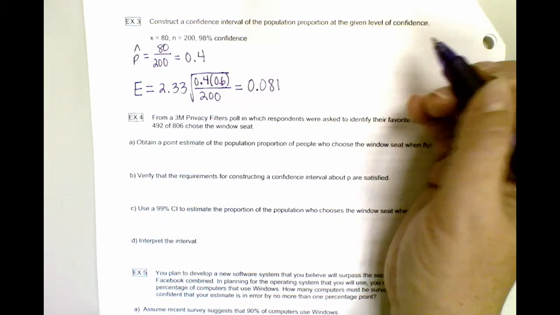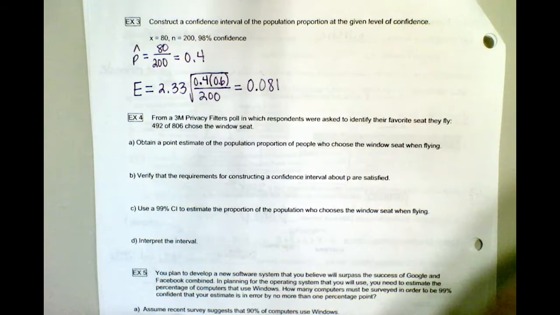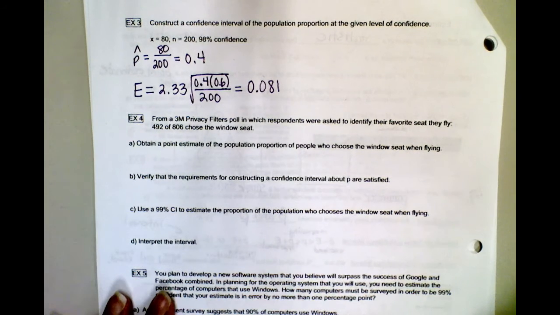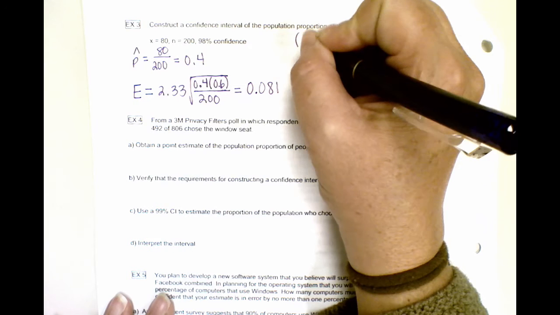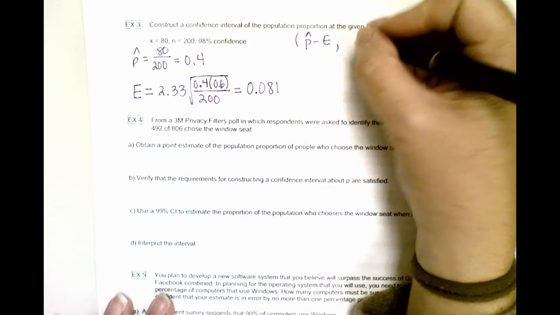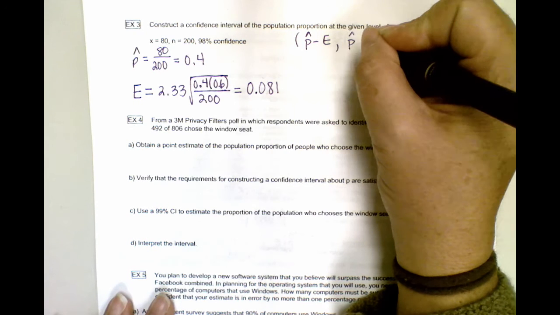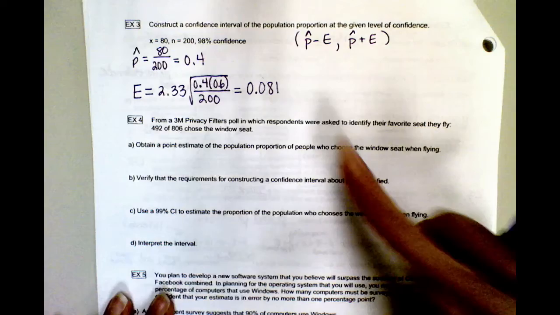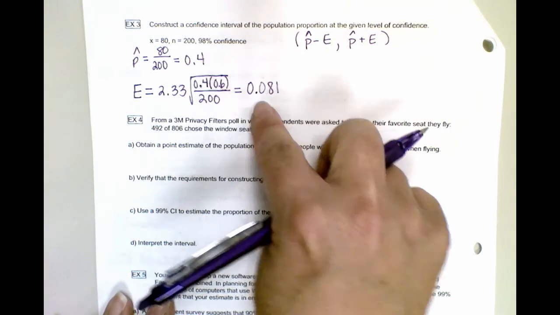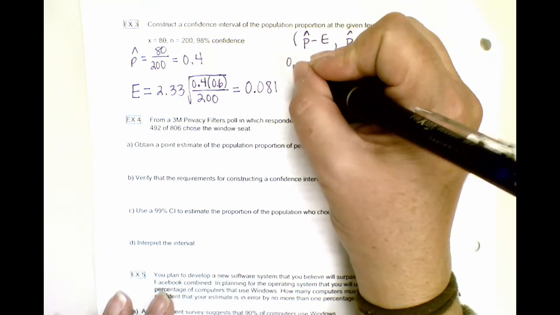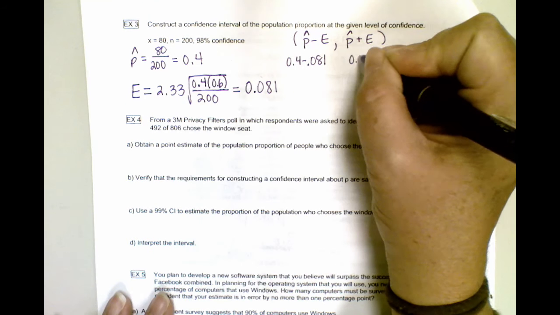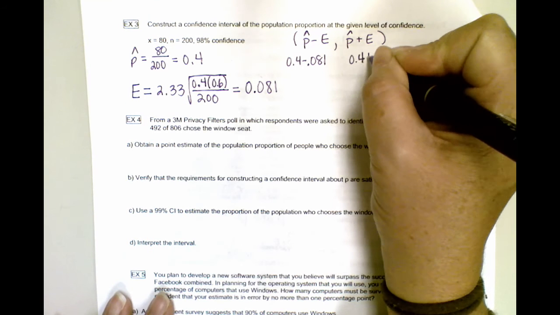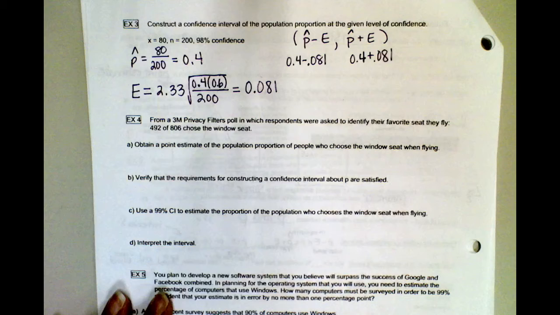So it doesn't specify which format we have to use. Generally, if it doesn't specify, I use interval notation. So I'm looking for my lower bound to be p hat minus e, and then my upper bound p hat plus e. And so all I'm going to do is make those calculations. So 0.4 minus 0.081, and then over here 0.4 plus 0.081.